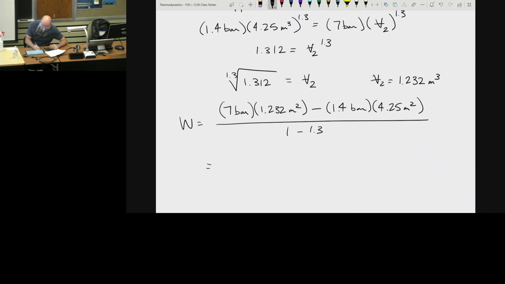Okay, so if I put this into my calculator, 7 times 1.232 minus 1.4 times 4.25 divided by 1 minus 1.3, I get an answer here that is negative 8.913.